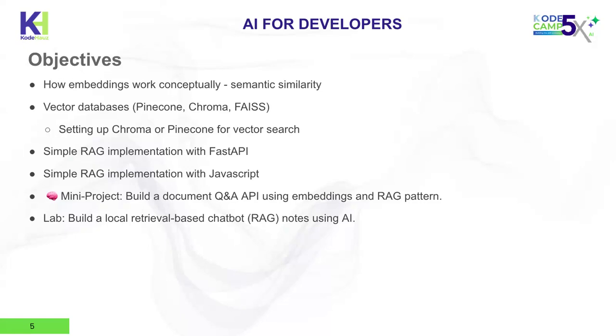Because typically, the regular databases that we are used to, the relational databases or even the document databases, are not designed to deal with data specifically when you talk about comparison or search, right?